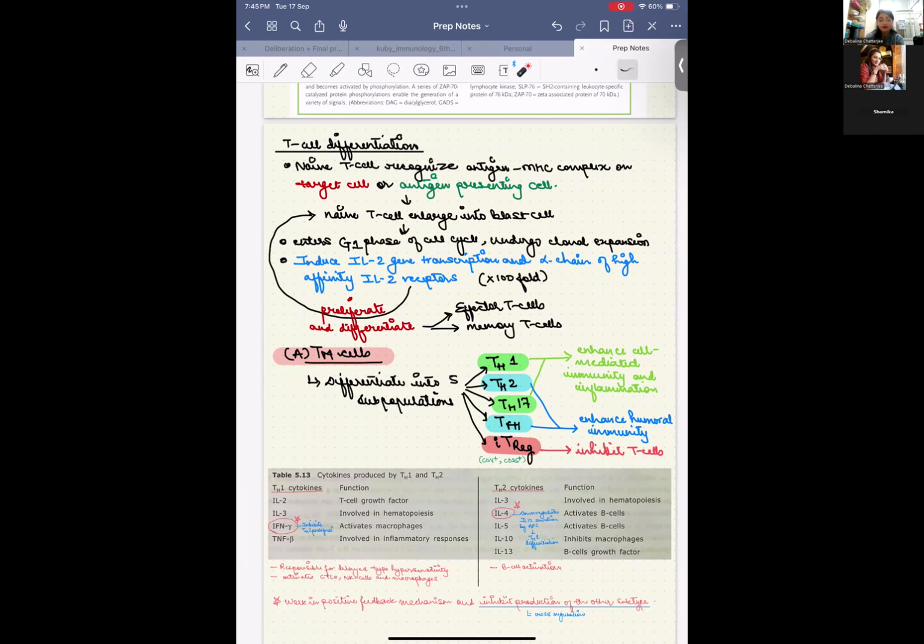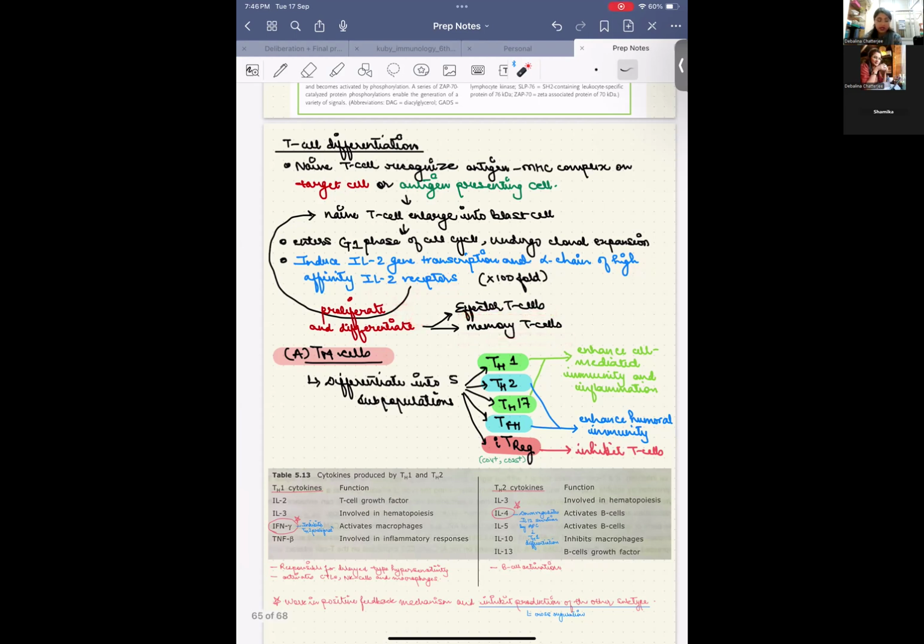So this is how the affinity, not for the antigen but the responsiveness of the T cell, is better, or the clonal proliferation part is taken care of for your T cells. So this is going to signal the cells for proliferation and differentiation, and eventually effector T cells and memory T cells can form.